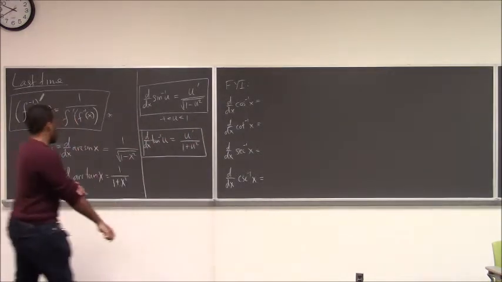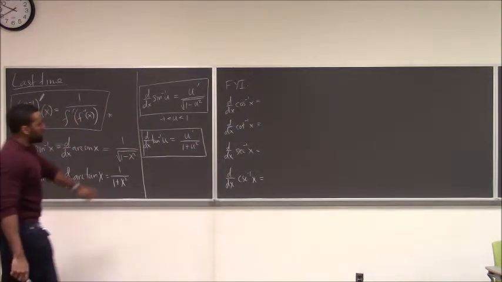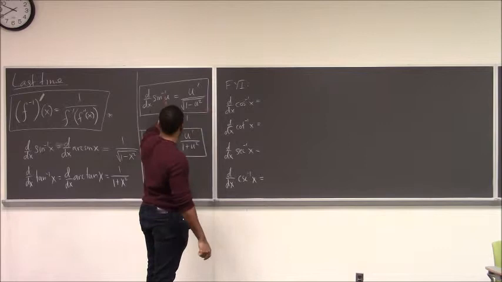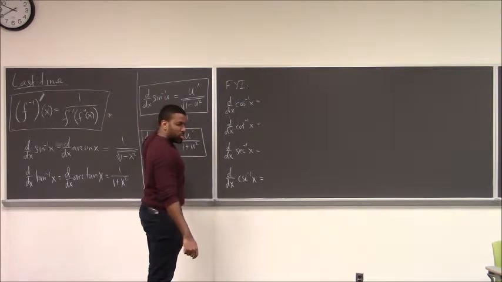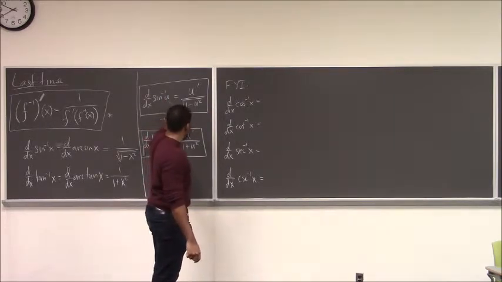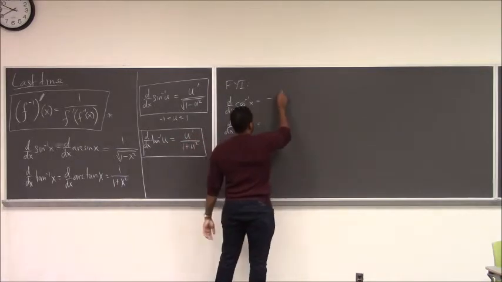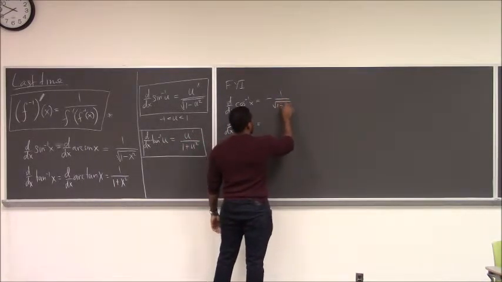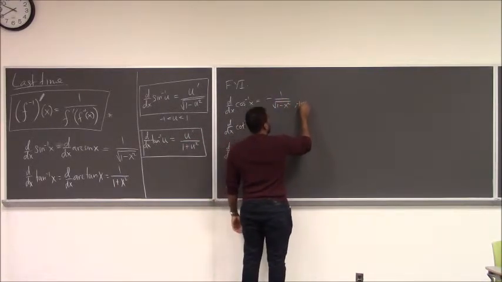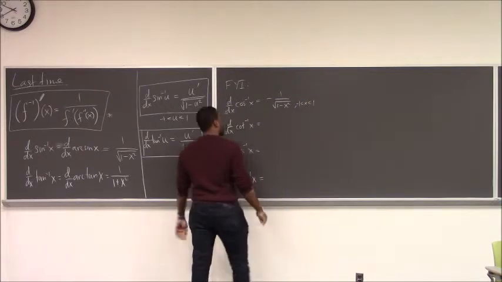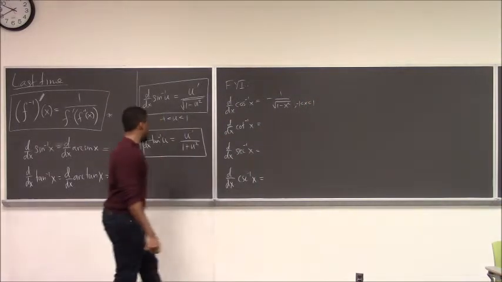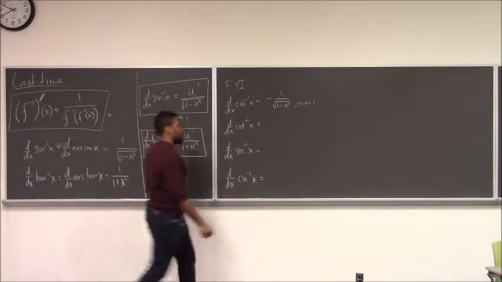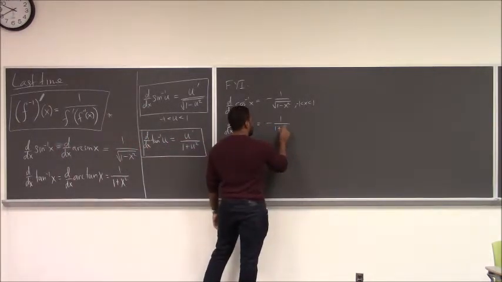And it turns out that a lot of these are similar. The derivative of the cosine inverse function is actually just the negative of that guy. So this is just -1 over the radical of 1 minus x squared. And again, your x has to be strictly between -1 and 1. The cotangent inverse happens to be the negative of the tangent inverse. This would be -1 over 1 plus x squared.